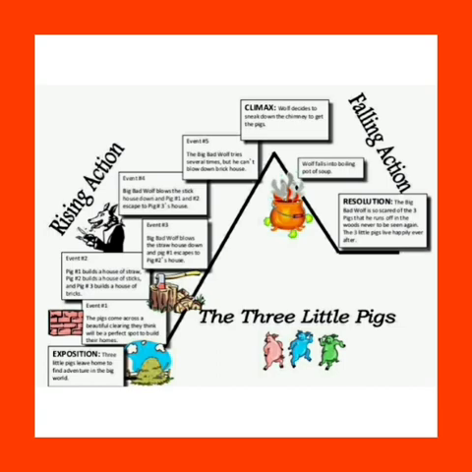Exposition: 3 little pigs leave home to find adventure in the big world. Then the pigs come across a beautiful clearing they think will be a perfect spot to build their homes. Then Pig 1 builds a house of straw, Pig 2 builds a house of sticks, and Pig 3 builds a house of bricks. And after that, what happened?